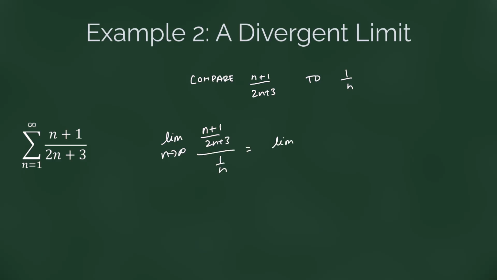When we do that, we multiply by n, we get n squared plus n over 2n plus 3. We can now pretty easily see that the top of that limit's growing unbounded, and so this is infinity. What does that tell us? Well, the fact that it's infinity tells us that this expression is growing faster. That's important because this series diverges.